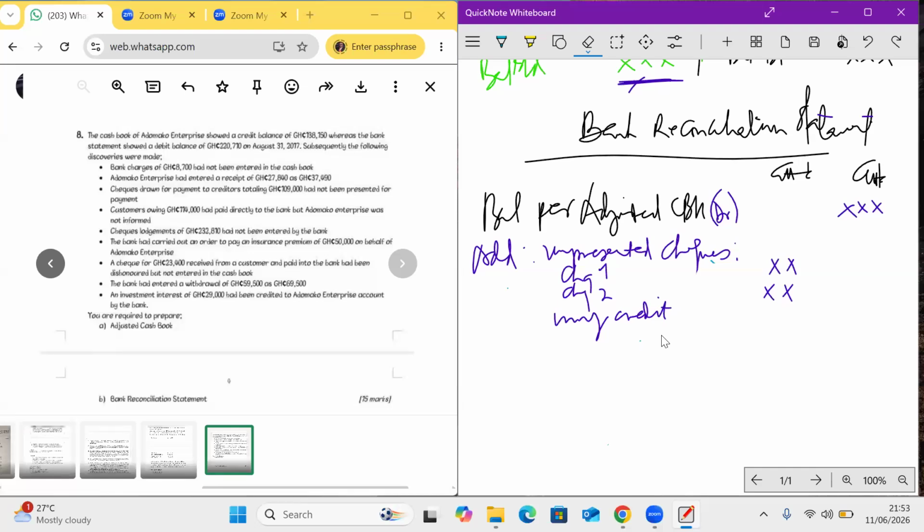Wrong credit means that the bank wrongly credited the business account with a certain sum of money. If the bank has wrongly credited the business's account with a certain sum of money, which is not for the business, how can the bank correct it?